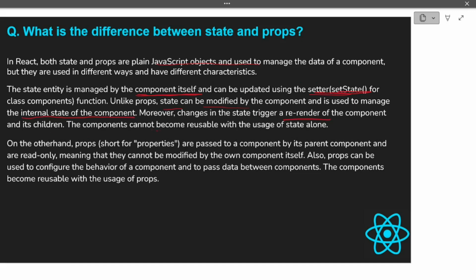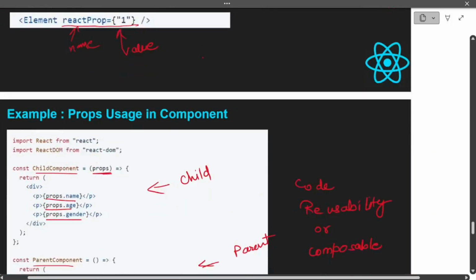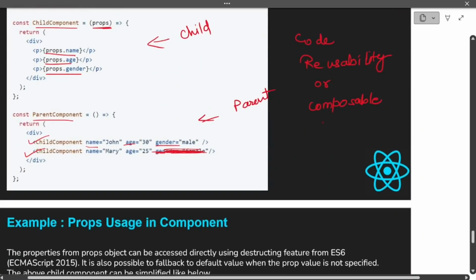The component cannot become reusable with the usage of state alone. So when I say this line, what I mean is, I was just explaining how props help us to make our code composable or reusable.